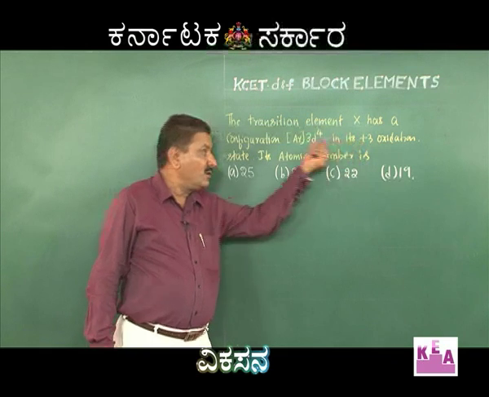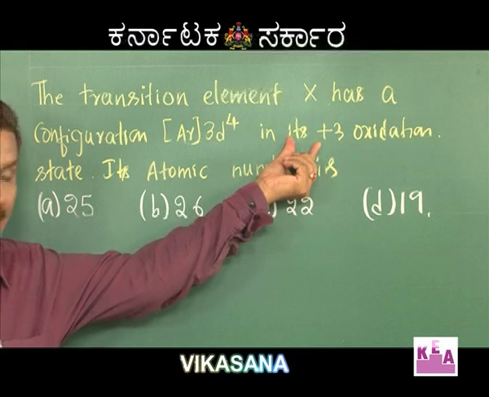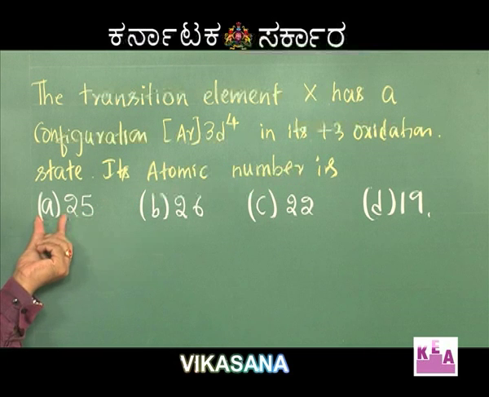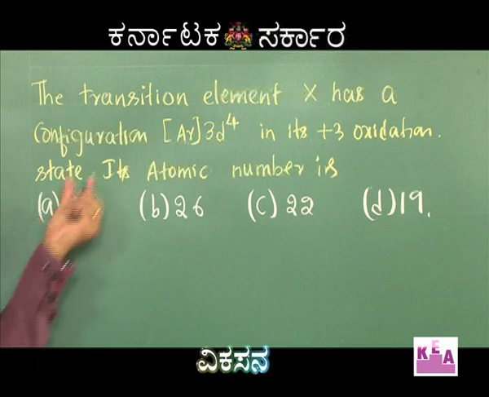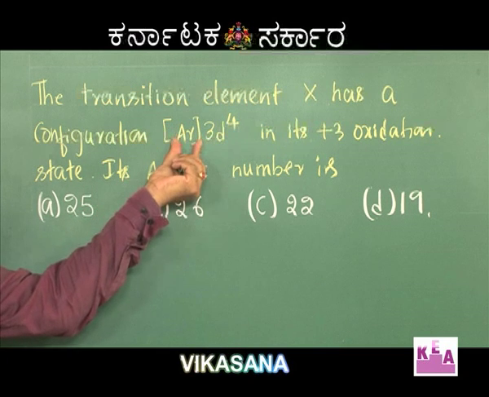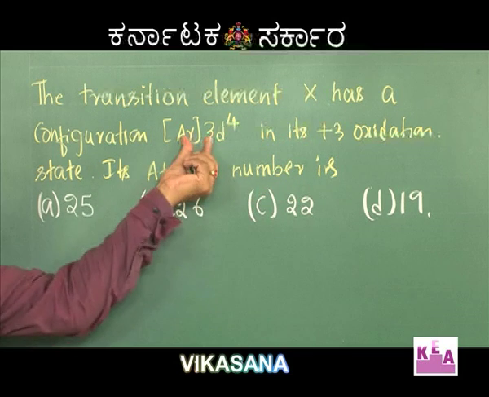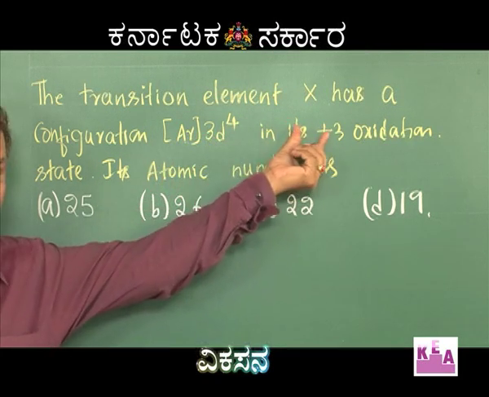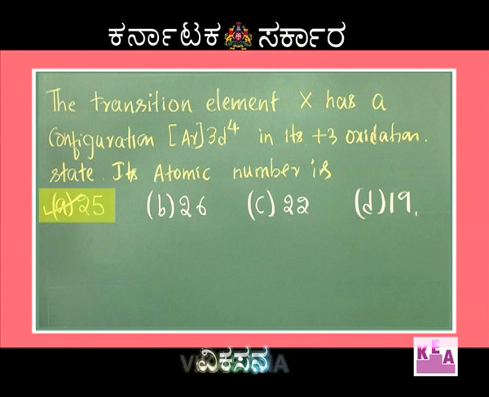So therefore, 22 plus 3, 25 is the total number of electrons present in that element X. Therefore, the correct option is option A, 25.